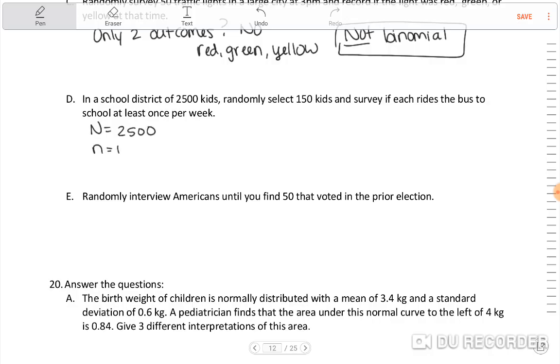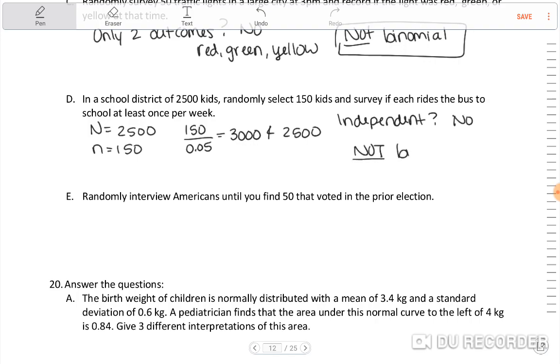Lowercase n is 150. 150 divided by 0.05 is 3,000, which is not less than 2,500. And therefore, independent is a no. And so this is not binomial.